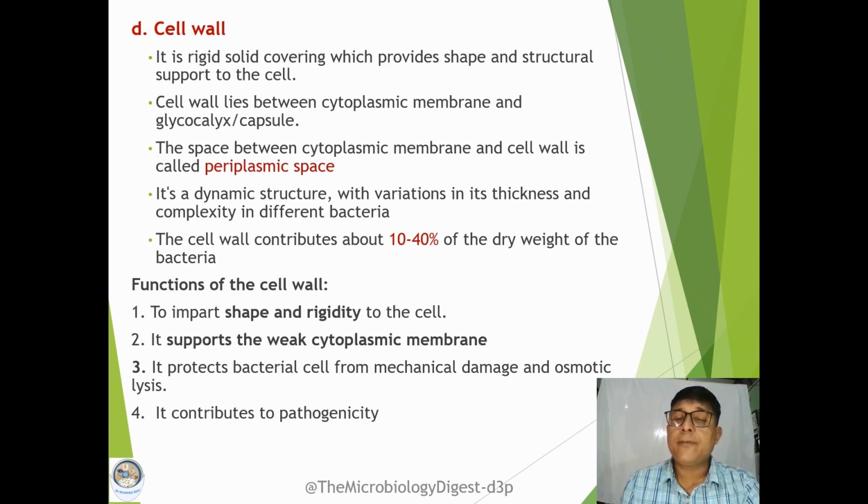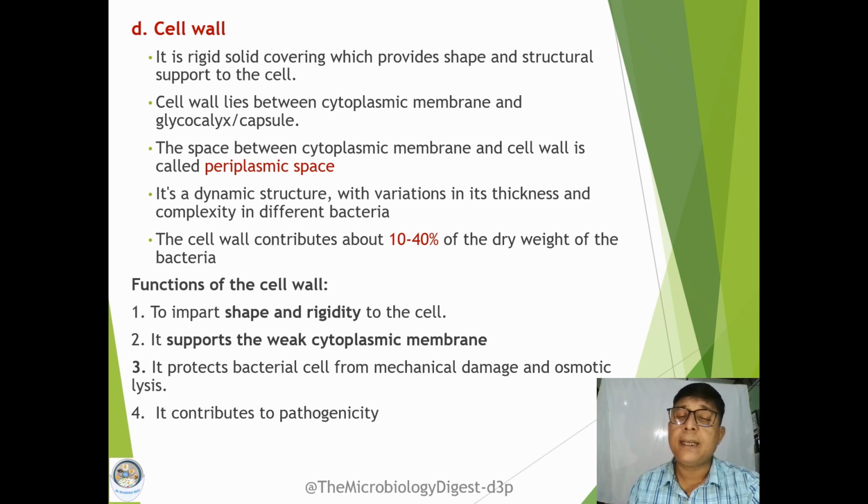Then the next very important structure in case of bacteria is the cell wall. It is a rigid, solid covering that provides shape and structural support to the cell. So the bacterial cell receives its structural support from the cell wall. It lies between the cytoplasmic membrane and the capsule, if it is present.